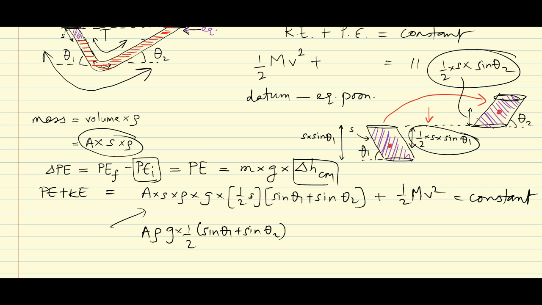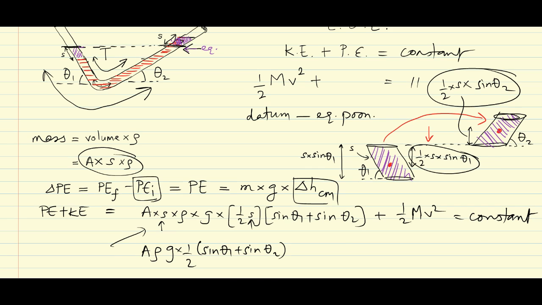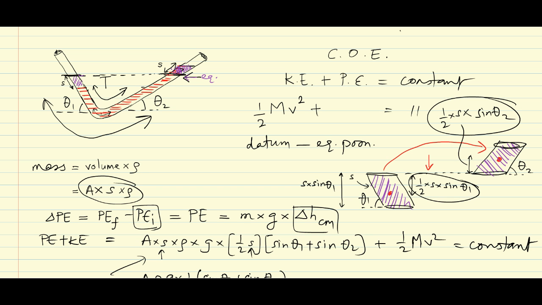Now what that actually means is only S multiplied by S, this S and this S, so S square remains. And remember, S is a variable. If you go to the original diagram, as the liquid oscillates left and right, this S is going to change with respect to time, and so is this S. So it's a variable.